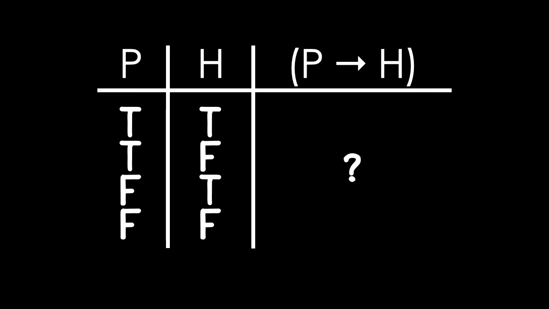If P happens to be false, what we want to know is what would happen if P were true. Like, what would happen to H if P were true? However, because we're going to make P arrow H truth functional, we can't capture that subtlety, what would happen if things were different.